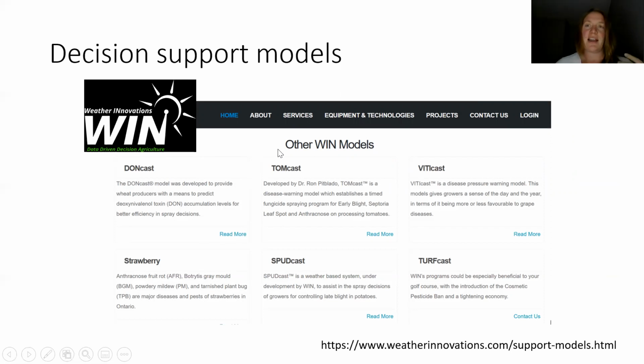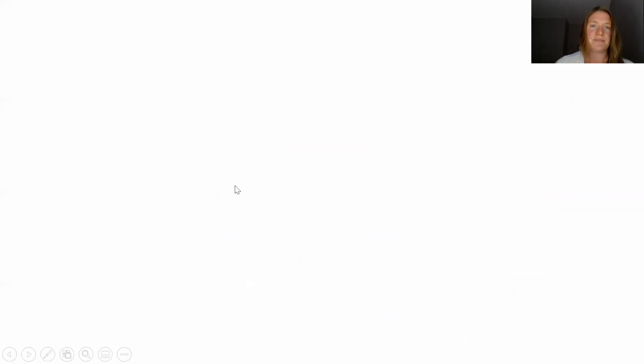And then they can apply their pesticides in a timely manner to try to prevent as much disease as possible. And so there is industry out there who are doing this. And so if you're interested in developing this type of skill set, there is some demand in terms of employers for being able to use this. So Dawncast, for example, was produced by someone at University of Guelph and was sold to this particular company.